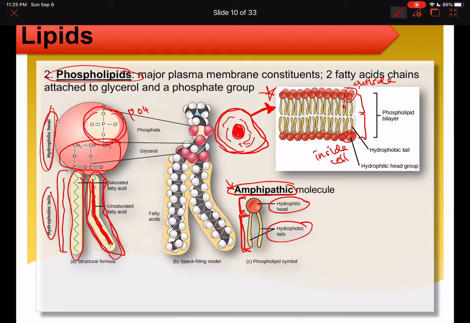If you think about it, usually outside the cell is fluid. Our body is made up of a lot of water and fluid.